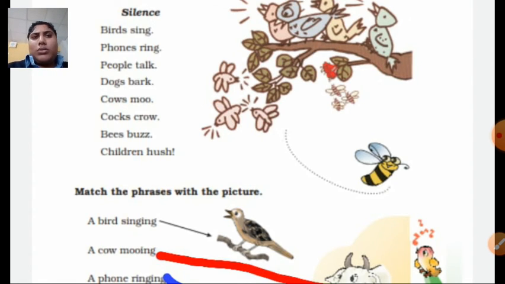Cows moo. Yes, the sound produced by the cow is moo. Then the bees buzz. Yeah, they try to vibrate near your ear and it's very irritating. And what about the children? They can stop talking when they're excited, right?